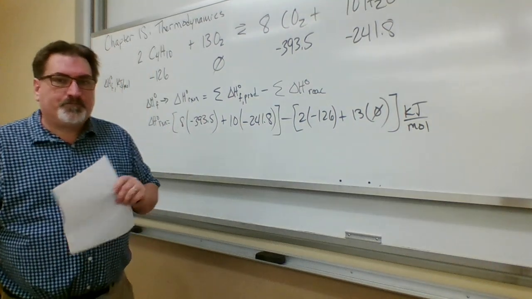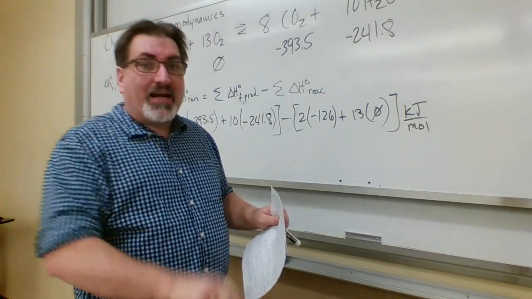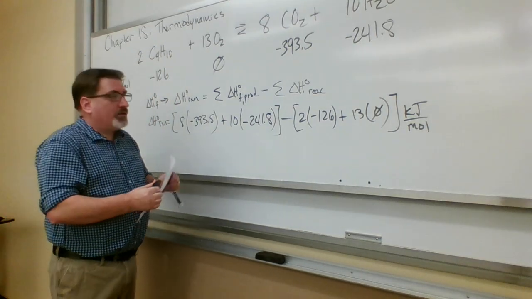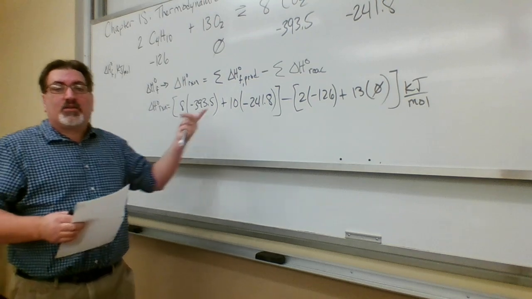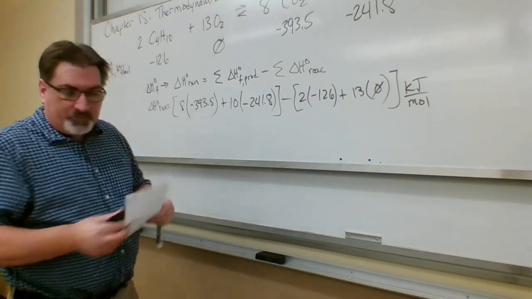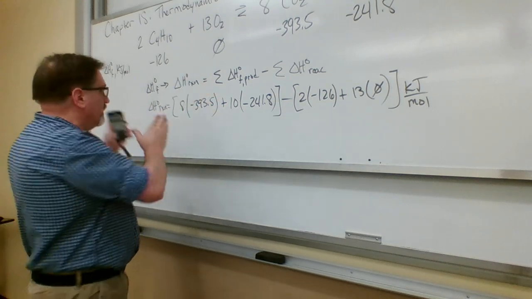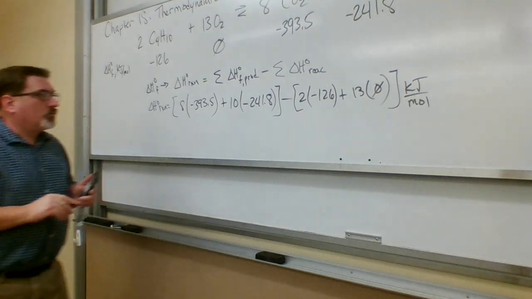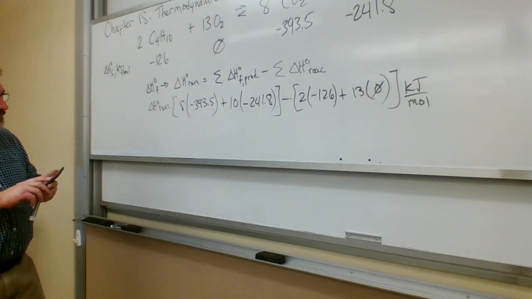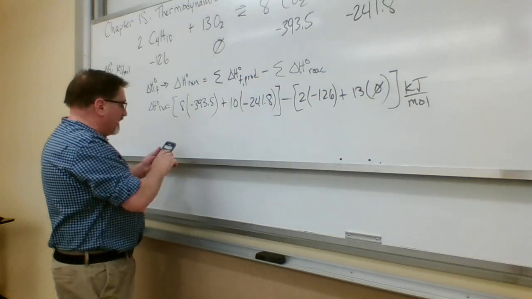Kilojoules per mole. So then it's time to grab your calculator. And back in that chapter last semester, this was troublesome for a lot of you, making sure you get everything's sign correct when you plug everything in. And there's several different ways you can do it. You can do it left to right. You can do this side first because it's being subtracted, or however you like to do it. I'm going to work one left to right. So follow along with me just working it left to right.